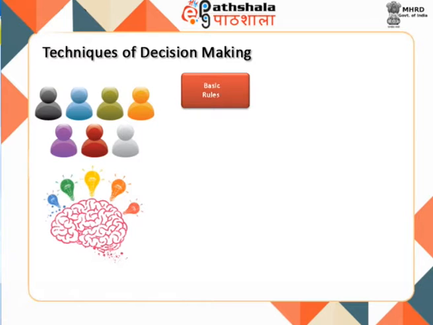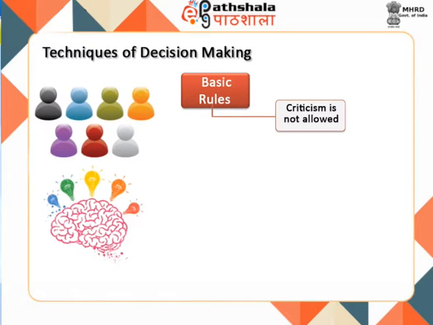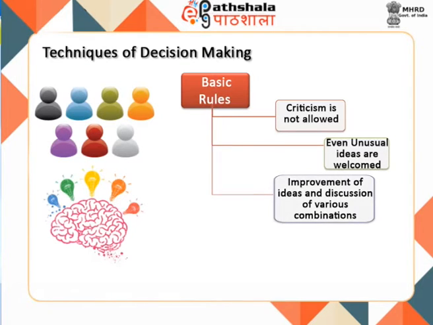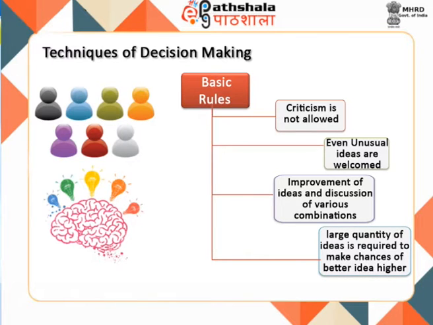The four basic rules that are followed in a brainstorming session are: criticism is not allowed, even unusual ideas are welcomed, improvement of ideas and discussion of various combinations, large quantity of ideas is required to make chances of better idea.